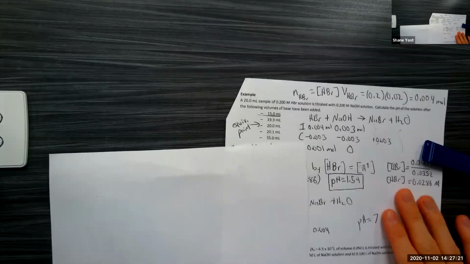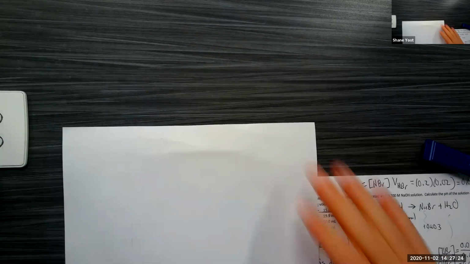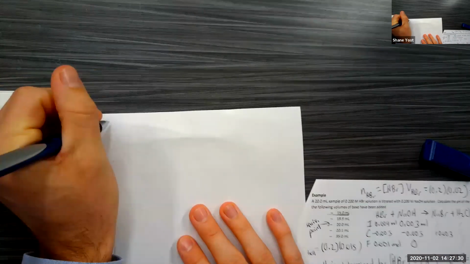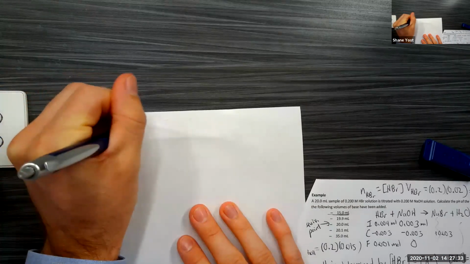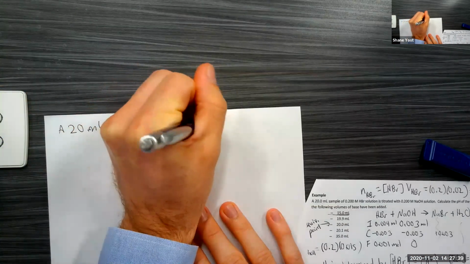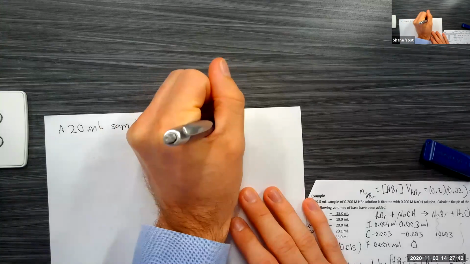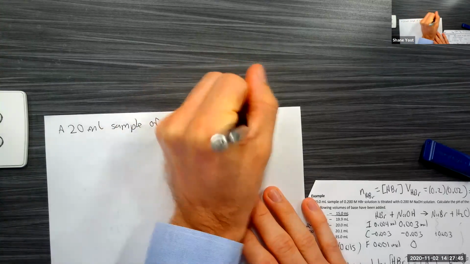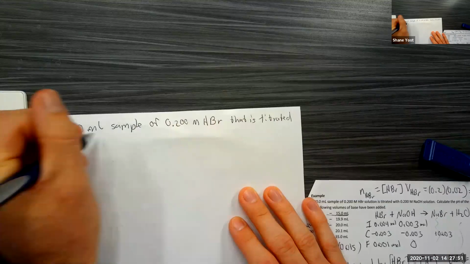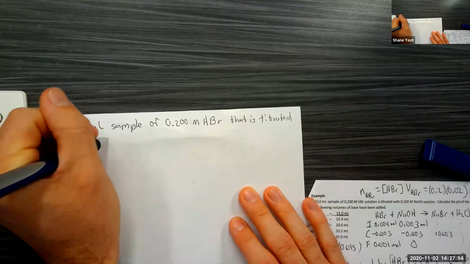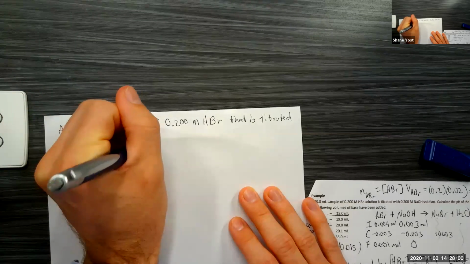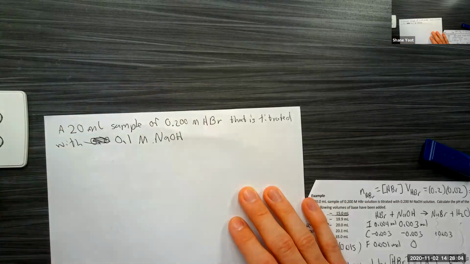All right. Let's pretend instead that I had a 20 milliliter sample of 0.200 molar HBr that is titrated with 0.1 molar NaOH.